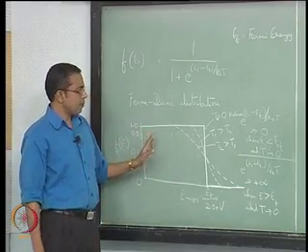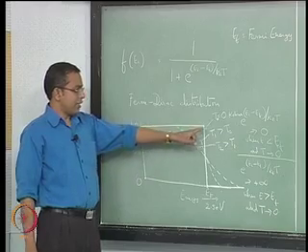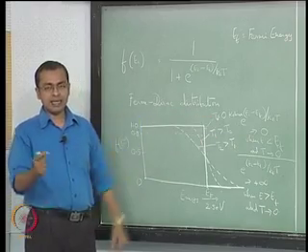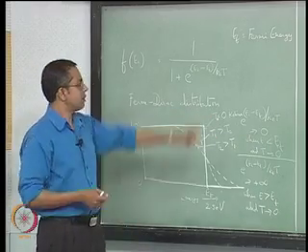So now I said that at temperature equal to 0 Kelvin the highest energy level state that is occupied is the Fermi energy level, okay.